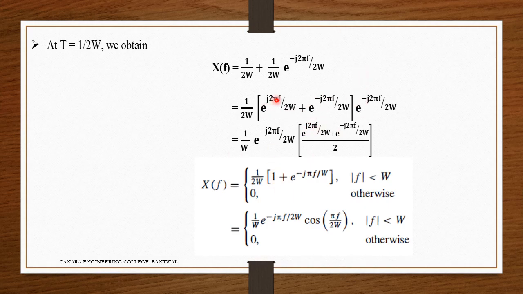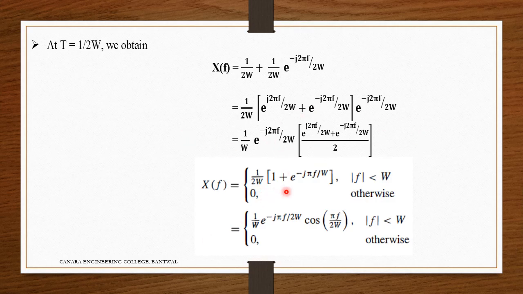Now when I take 1 by w, that is e to the power of minus j 2 pi f divided by w, I am taking a 2 here, e raised to j 2 pi f divided by 2w plus e raised to the power of minus j 2 pi f divided by 2w. Now this is one term. We have derived it.